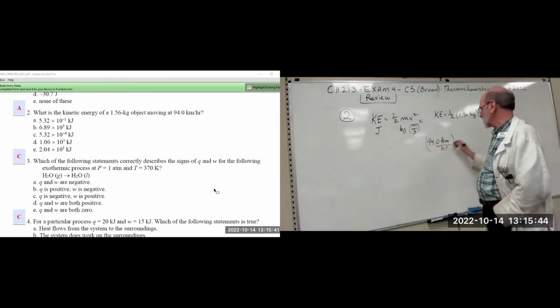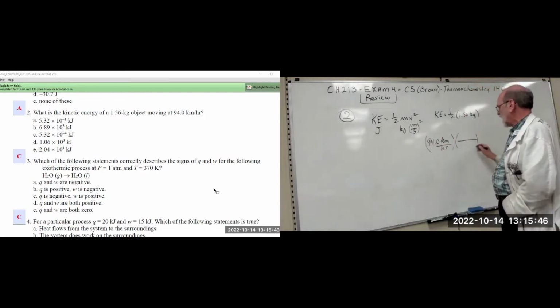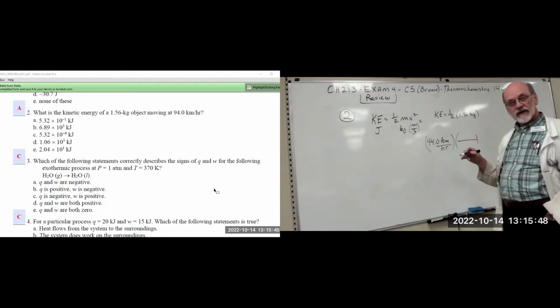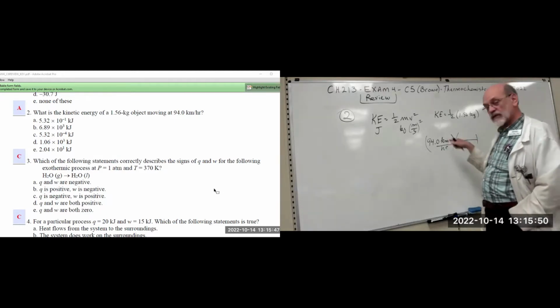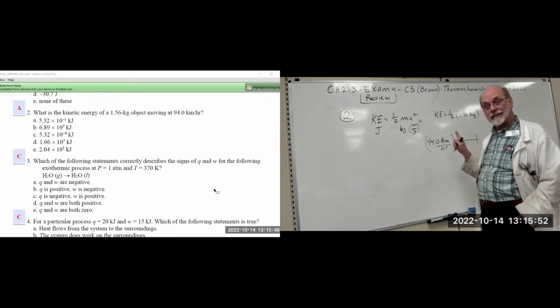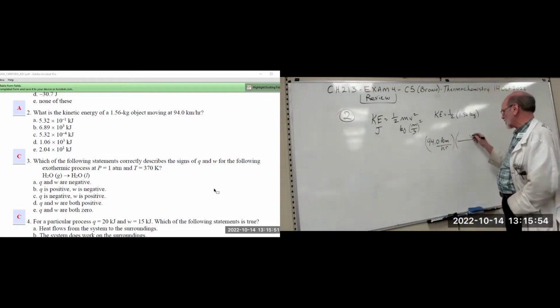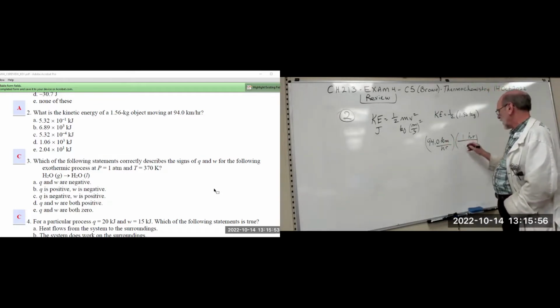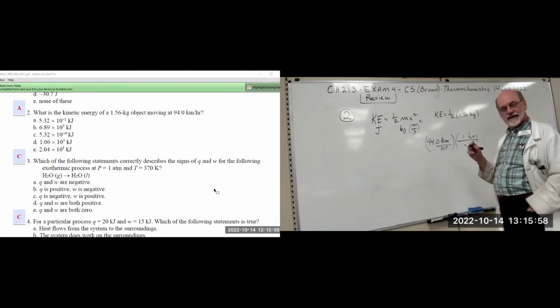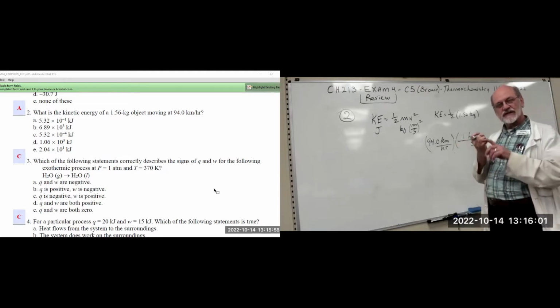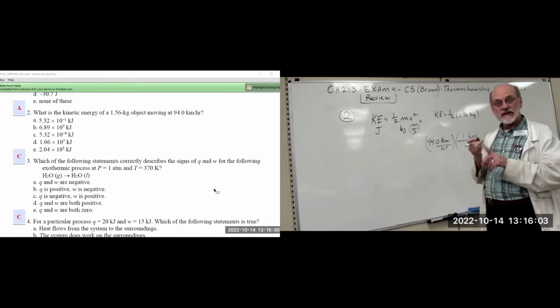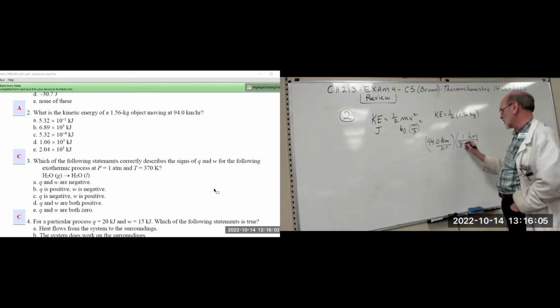So this is a dimensional analysis problem at this point. We want to convert hours to seconds. Remember, when you have more than one unit to convert, do one at a time. So let's convert hours. 1 hour equals how many seconds? 60 seconds in a minute, 60 minutes in an hour, 60 times 60 is 3,600.